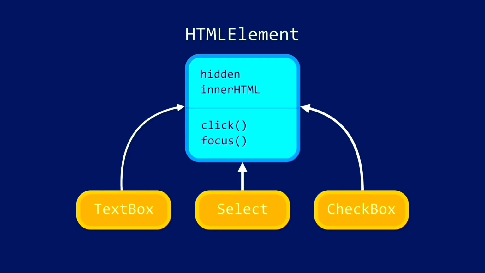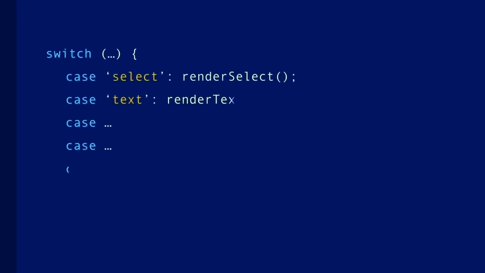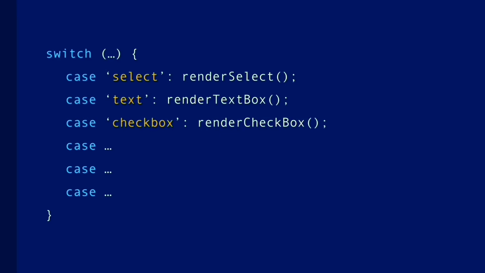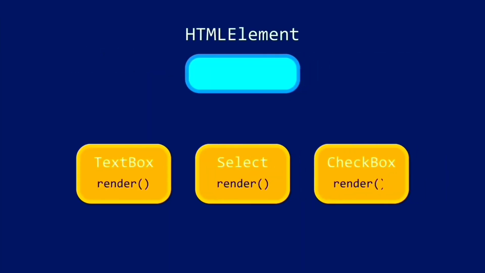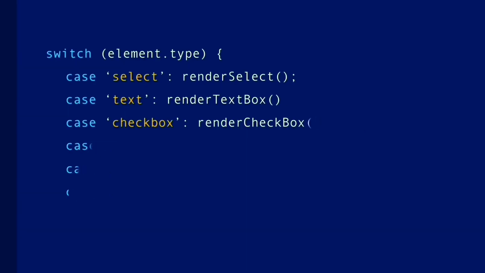If you want to render multiple HTML elements in a procedural way, our code would probably look like this. But with object-oriented concepts, we can implement a render method in each of these objects, and the render method will behave differently depending on the type of the object we are referencing. So we can get rid of this switch and case statement and use one line of code like this.